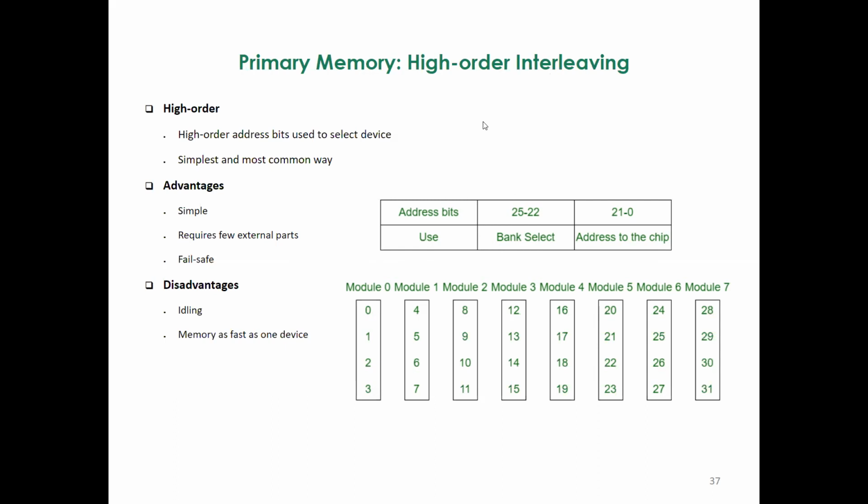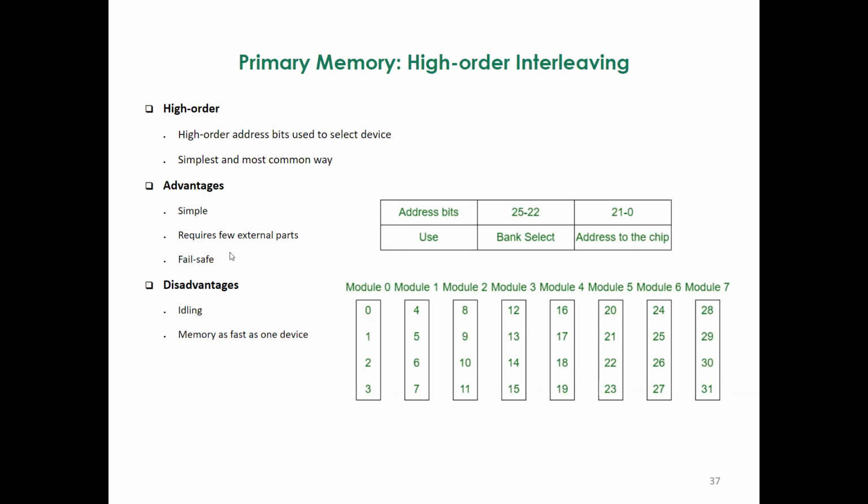So it's called higher order because in high order interleaving, you have a module, the module, the module, the module, the module, the module, the module, module. So the higher bits of your memory address.